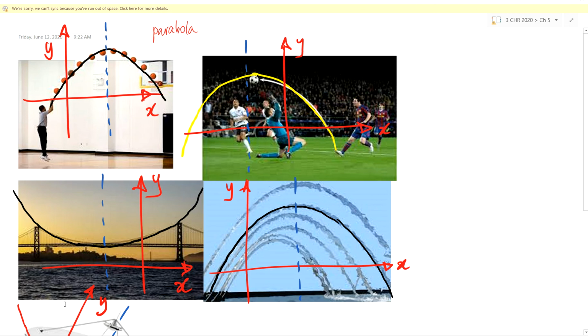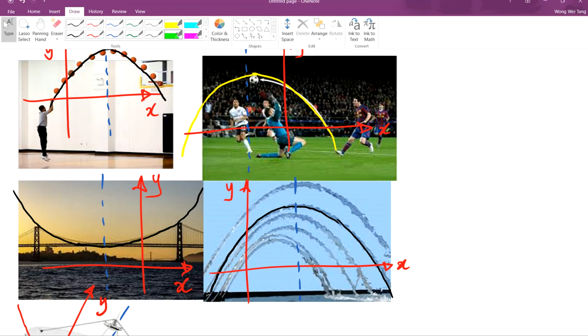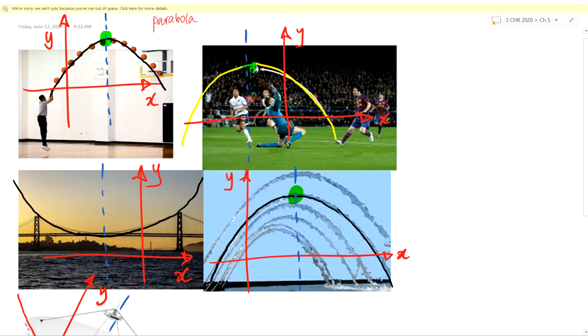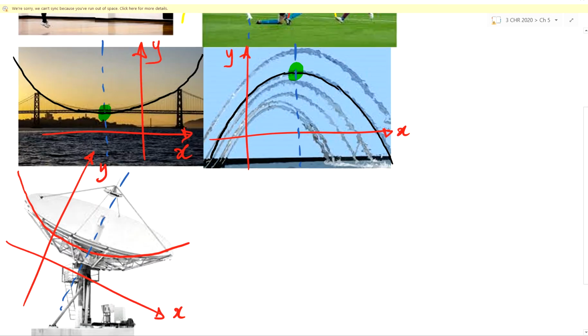Notice that for all the lines of symmetry, they pass through a certain point. It passes through the topmost point. So we have a name for this. It is called the maximum point. This line of symmetry also passes through the maximum point. Line of symmetry passing through the maximum point. Line of symmetry passing through the minimum point, the lowest point. And another one, line of symmetry passing through the minimum point.